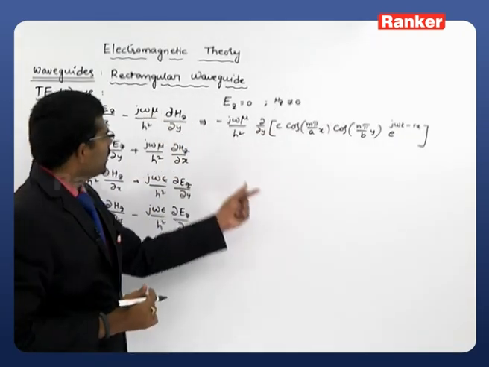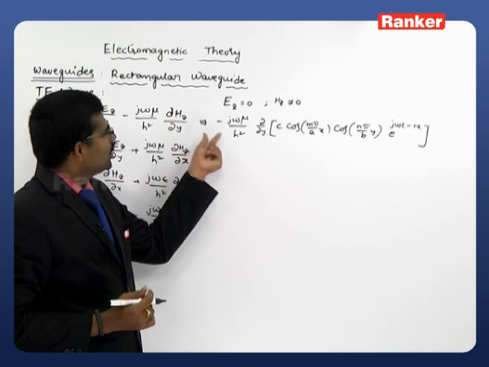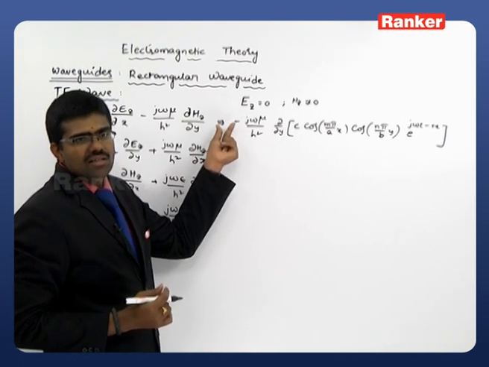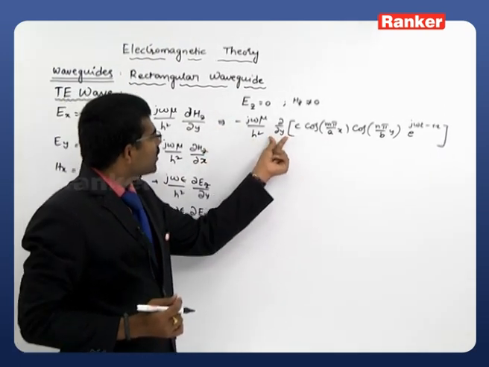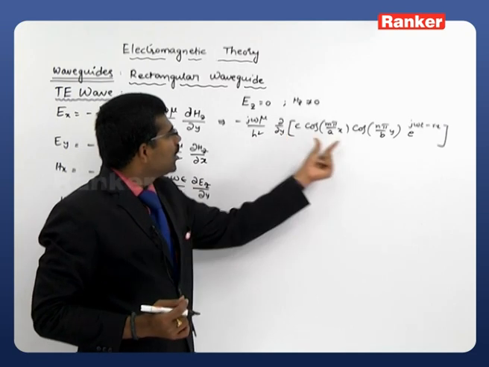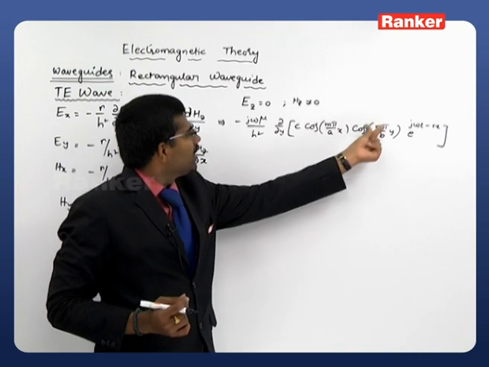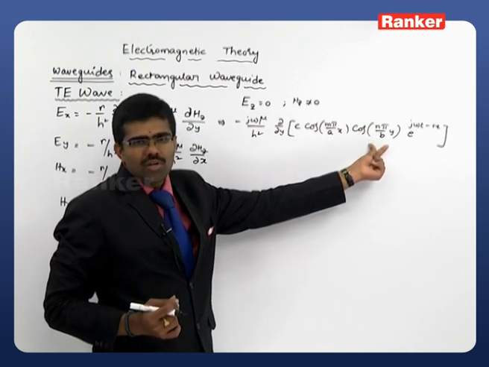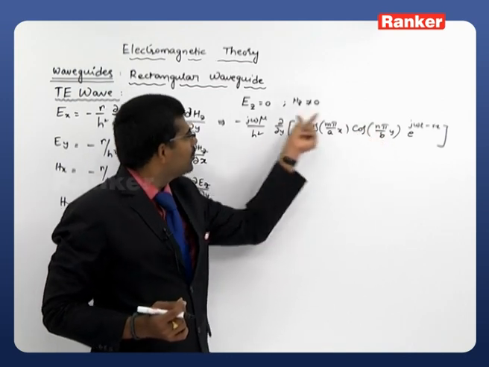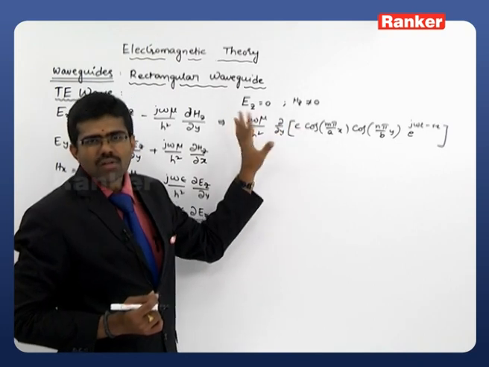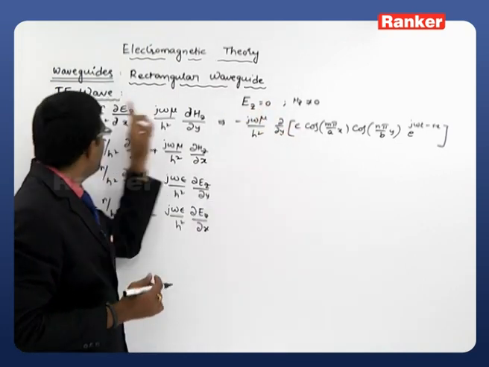So directly what I am doing is writing the equation without Ez. Now if you are differentiating that one with respect to y, only this term becomes a negative sign, n pi by b, and n pi by b will be the multiplication factor for this one. So that is the final equation for Ex.